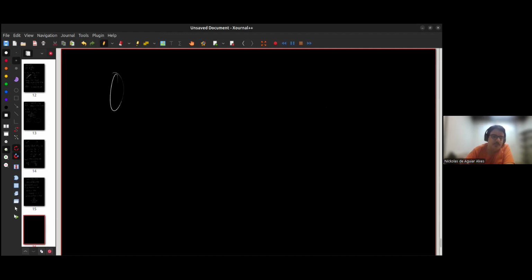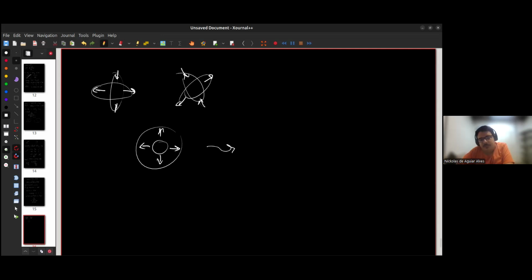So in GR, we only get the plus and cross, which are oscillations that look like this. So you have plus going like this, and you have cross going like this. But it can also have, in modified theories of gravity, something that we call transverse breathing mode, which is going to be some oscillation that looks like this. This, for example, is what you get with a dilaton field.